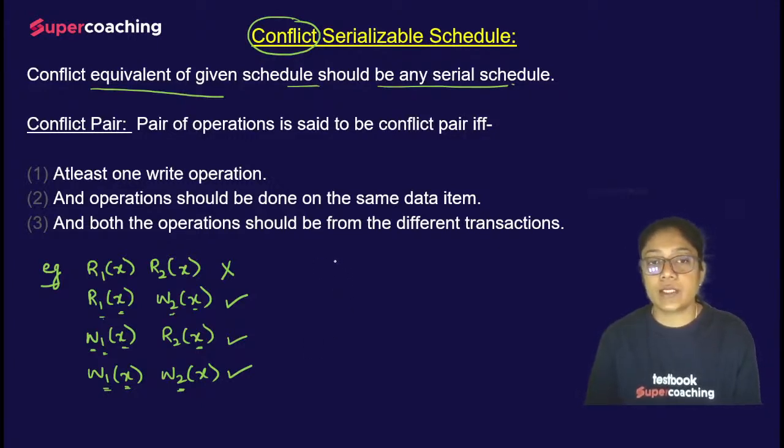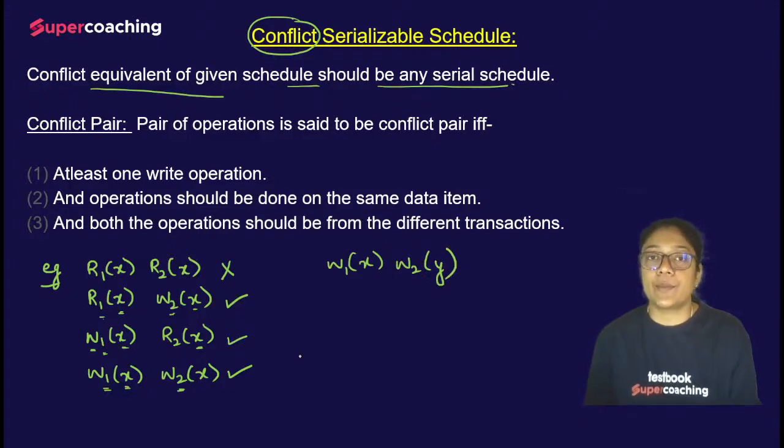Now I'm giving you a few examples. Just let me know if it's a conflict pair or not. X and Y. Is it a conflict pair?